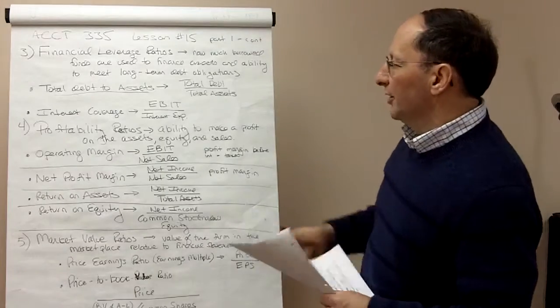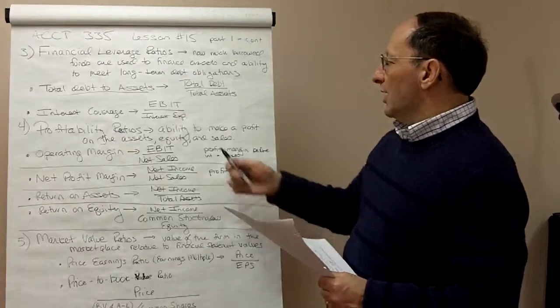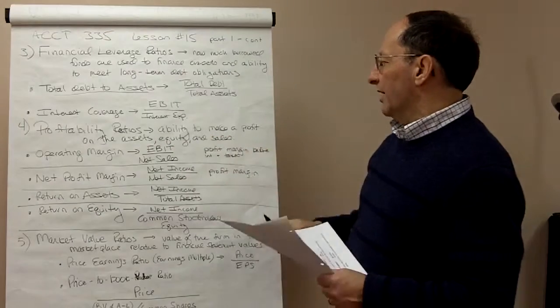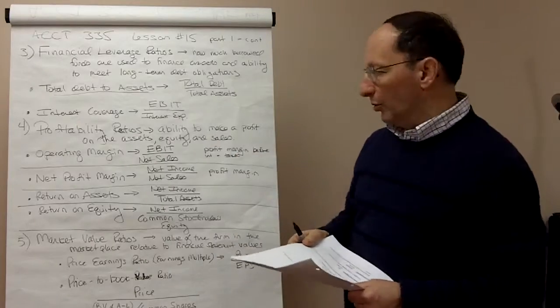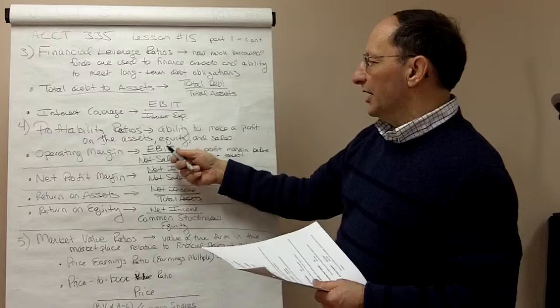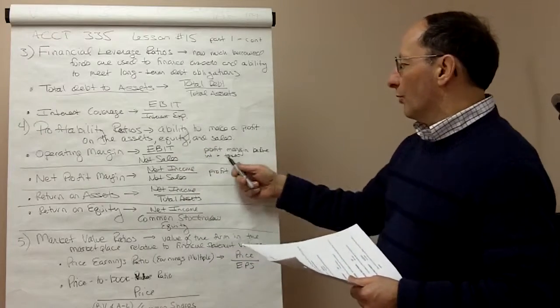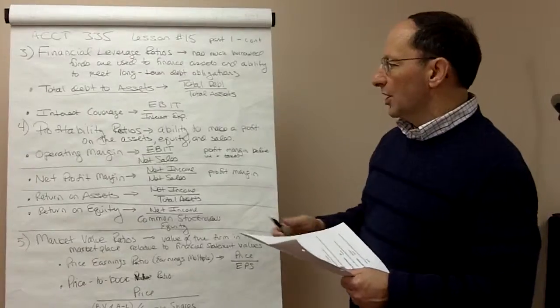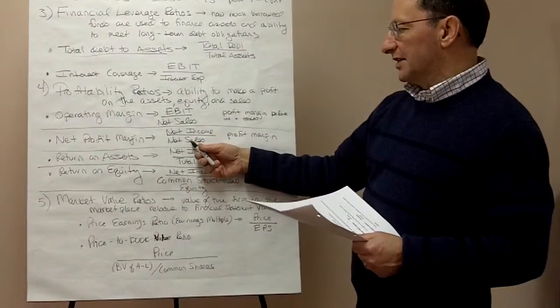Profitability ratios, the fourth type of financial ratio, measure the ability to make a profit on the assets, equity, and sales being employed. Our operating margin is our EBIT divided by our net sales, which is basically your profit margin before interest and taxes. Your net profit margin is your net income divided by your net sales.